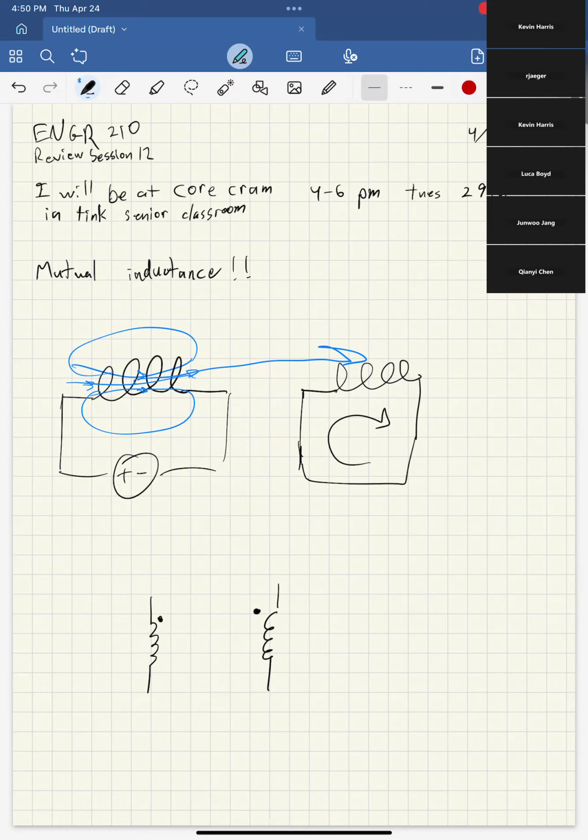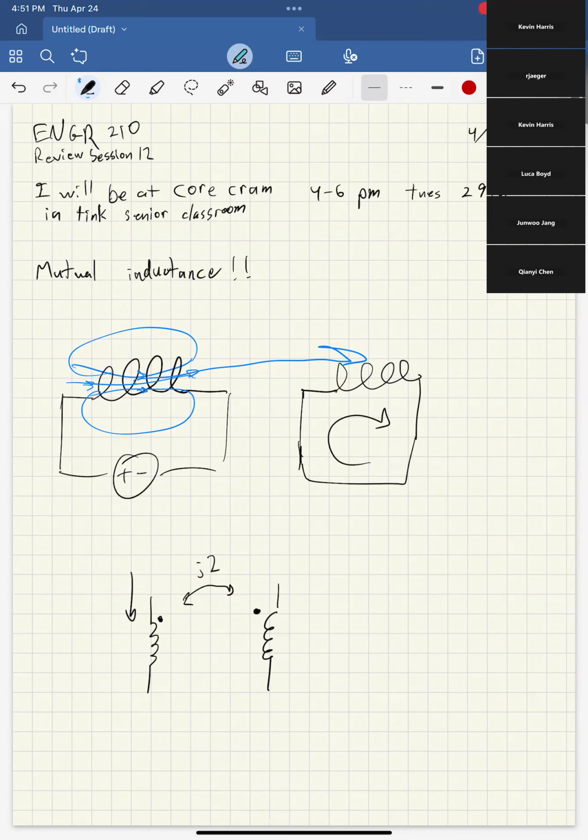The link between them has some mutual inductance, let's say j2 for now, which is the effect that one has on the other.